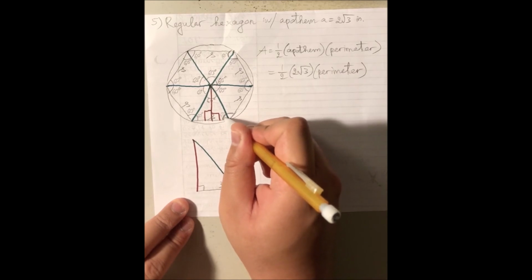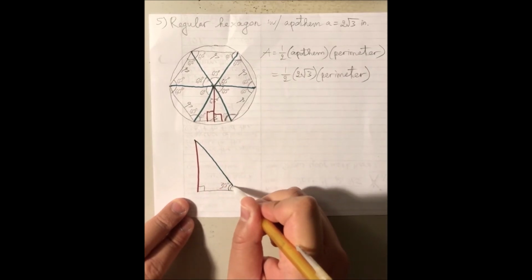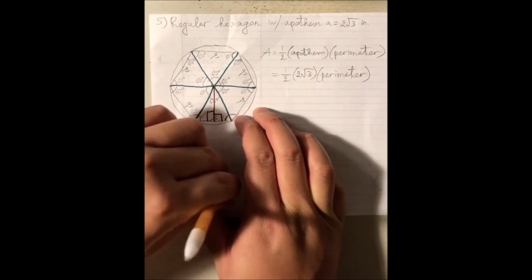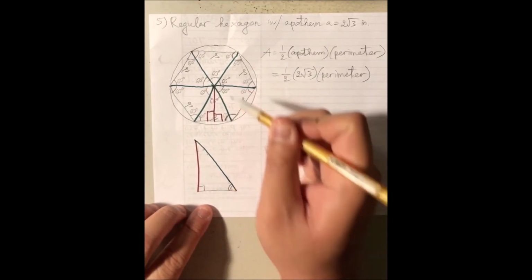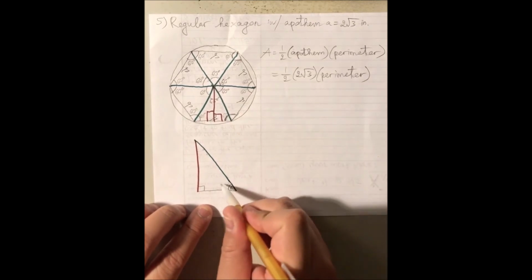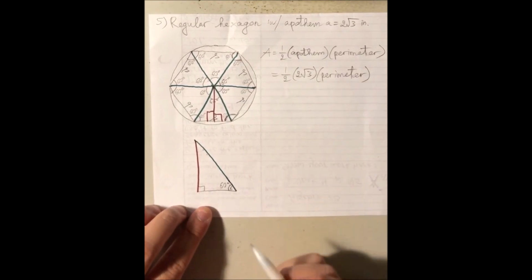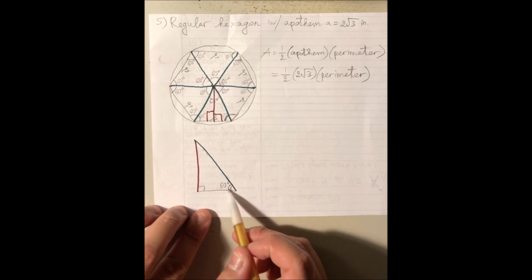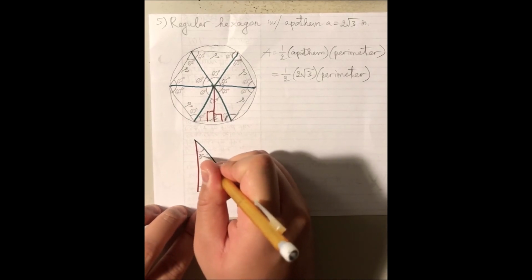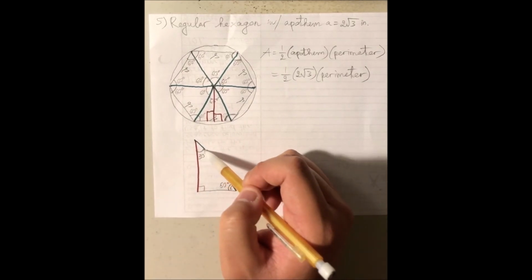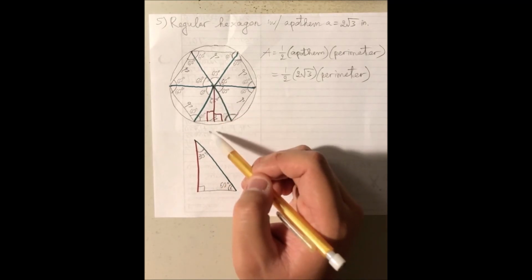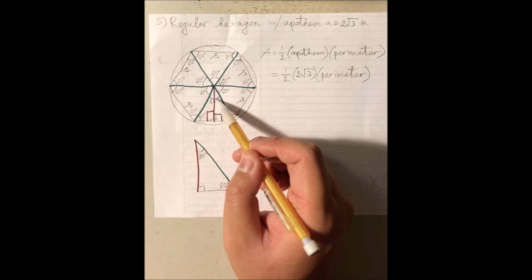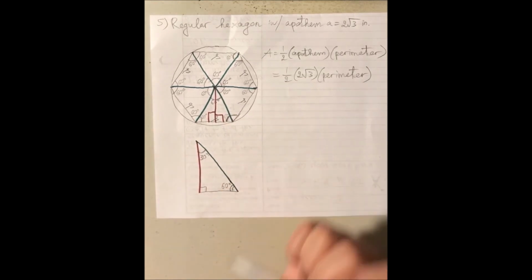So we're talking about this half here, which is this one. Sorry about that. Well, we know this is 60. I mean, this half has to be 60 as well. So yeah, it's 60. Sorry about that. But we got 90, we got 60. This has to be 30. We know this is going to be 30 because this angle here got bisected by the apothem. So this right half, which is this one, is 30.